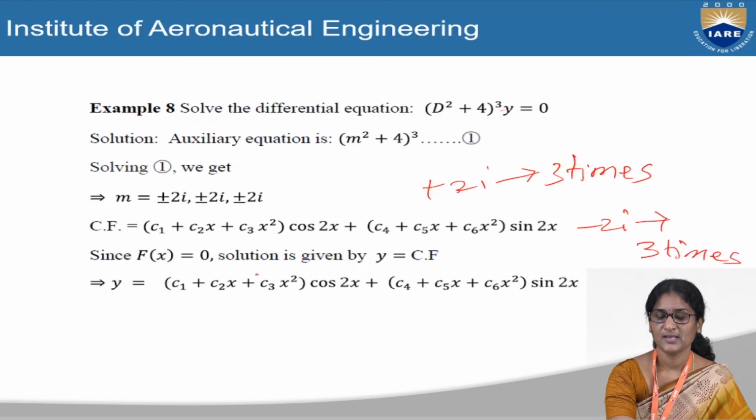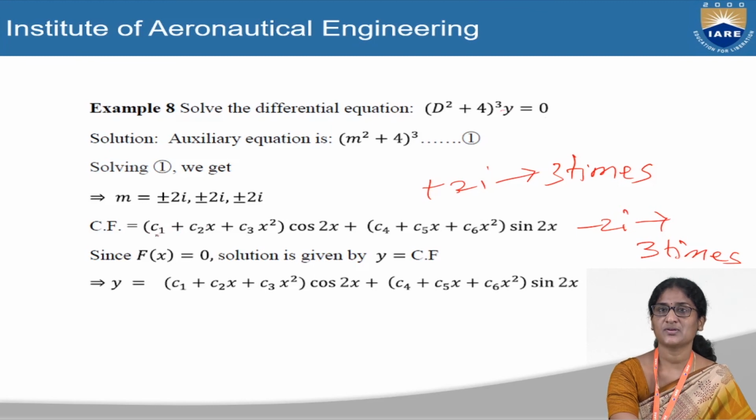So how to write it? The complementary function is equal to c1 + c2x + c3x². The power of x is increasing from the first term to the second term to the third term. For the first term we have x to the power of 0, but there is no need to write it, since anything to the power of 0 is 1.